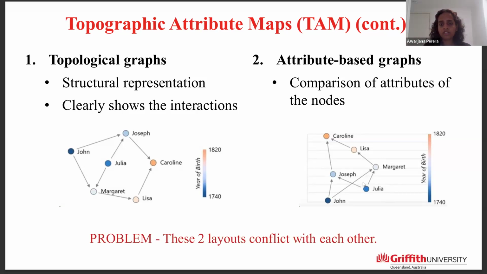So these two types of graphs serve different purposes. And the problem with these two layouts is that they conflict with each other. For example, if we need to represent data in a more topological way, we won't be able to structure that graph to show the differences in their values.